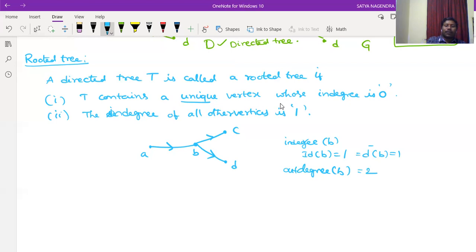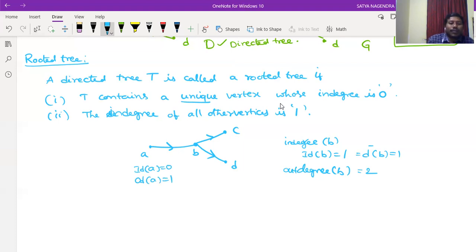A is not a terminal vertex for any edge, so the in degree of A is 0, and the out degree of A is 1, since for one edge A is the initial vertex. Like that, for any vertex in this directed graph, you can write it.